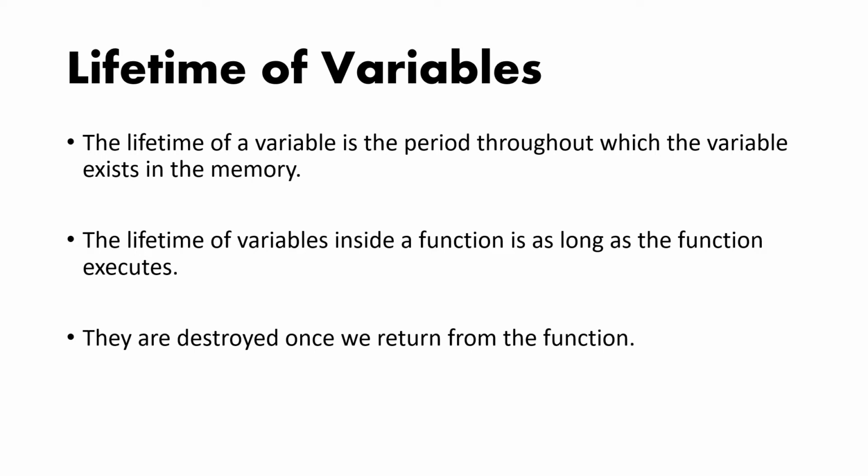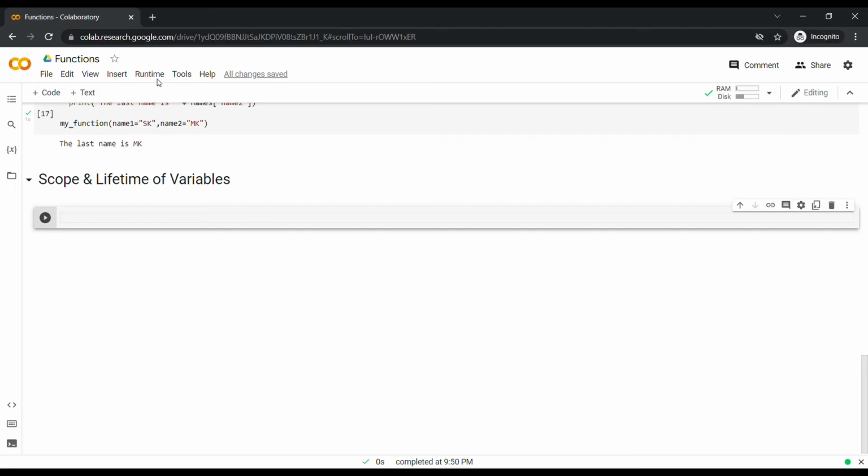The lifetime of variables inside a function is as long as the function executes. They are destroyed once we return from the function. Hence, a function does not remember the value of a variable from its previous calls. Now let's see an example for this.